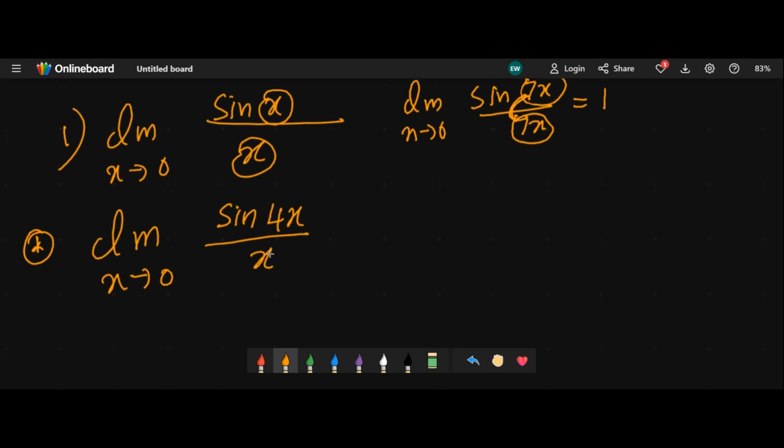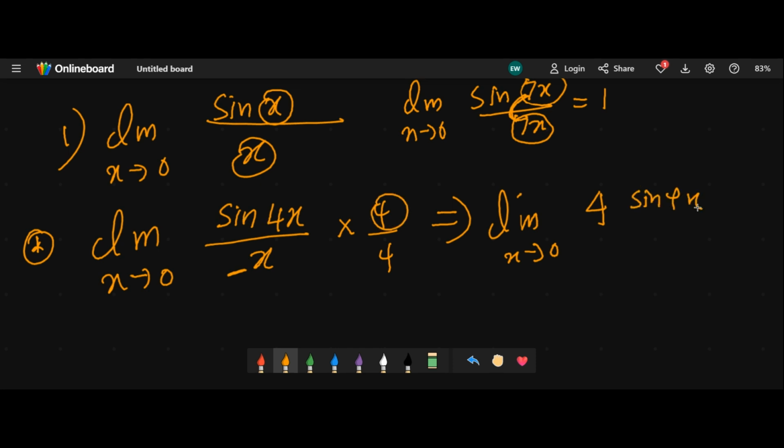Basically, you want a 4 here as well, so you can multiply and divide by 4. Now it will be limit x to 0 of 4 into sin 4x divided by 4 into x, which is 4x.